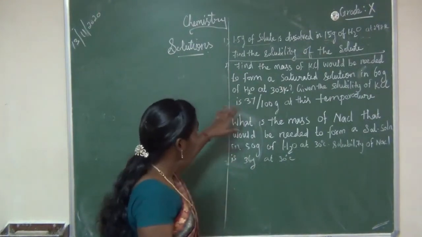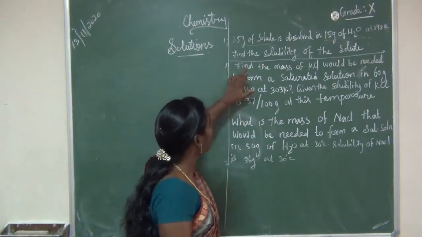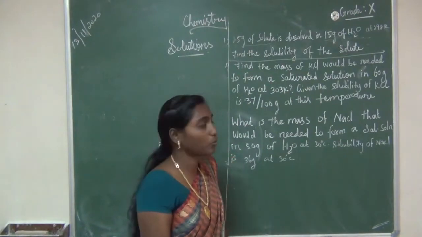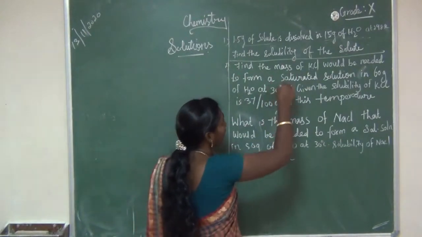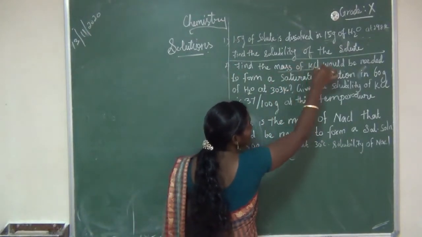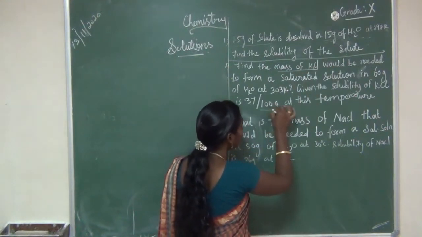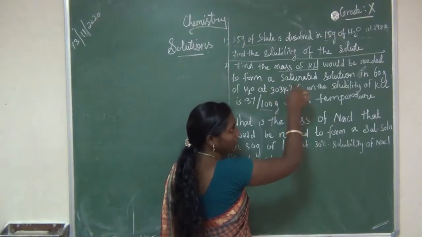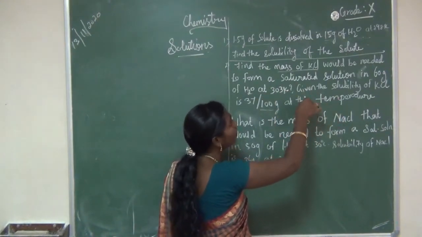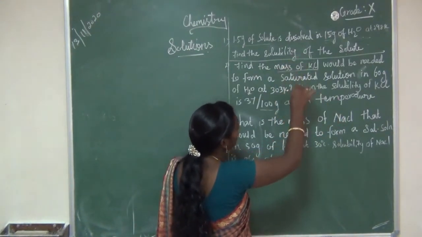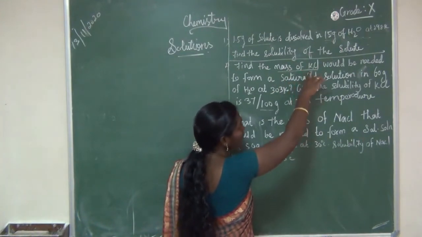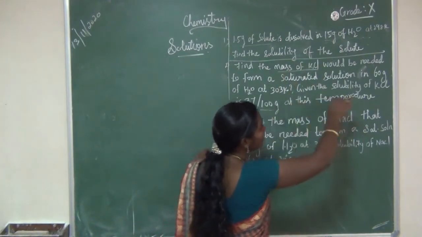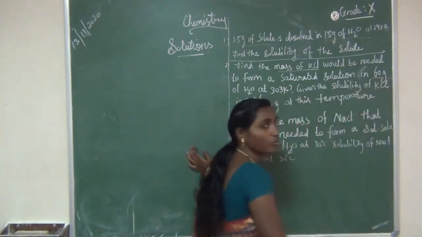So what we need to find out is the mass of potassium chloride. Therefore, how many grams of potassium chloride can dissolve in 60 gram of water?